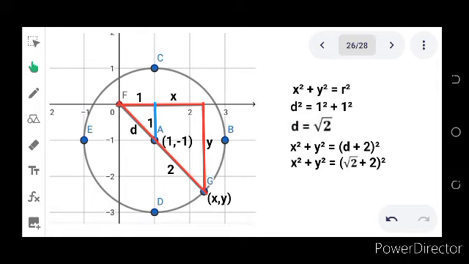So x squared plus y squared equals (square root of 2 plus 2) squared, because d is square root of 2. This is x squared plus y squared equals 2 plus 4 square root of 2 plus 4. Combine like terms: x squared plus y squared equals 6 plus 4 square root of 2, and this is now the answer. So the problem is solved.